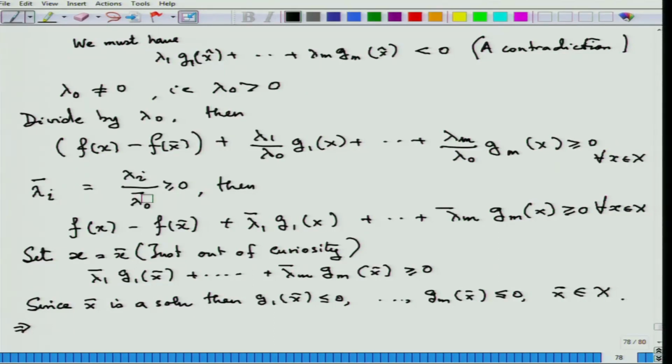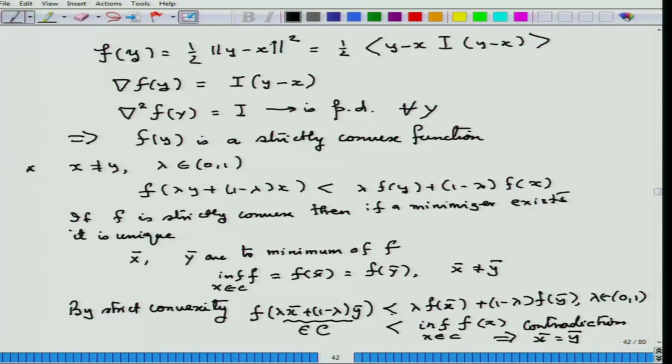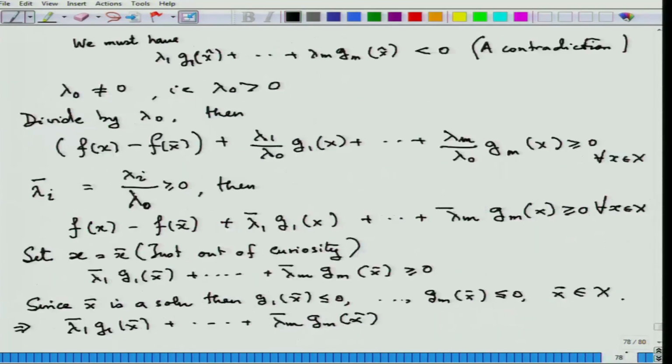Not lambda naught bar, it is lambda naught. So, you divide by lambda naught, which is strictly bigger than 0, all these greater than or equal to 0 quantities. So, it would imply that lambda 1 bar, and so on.